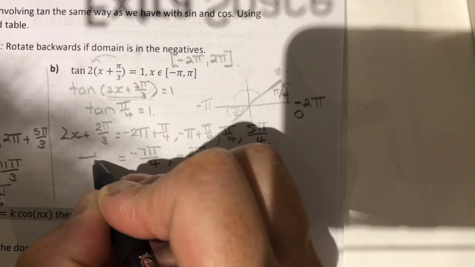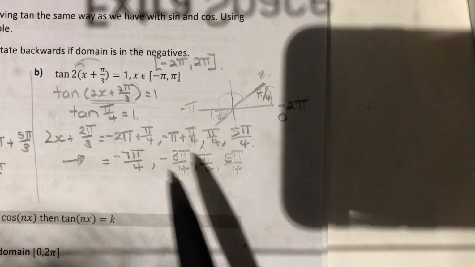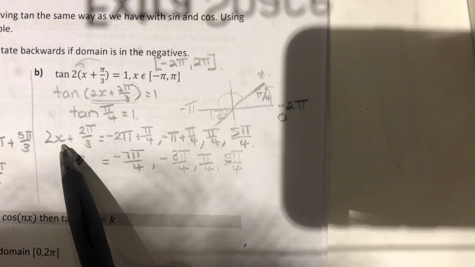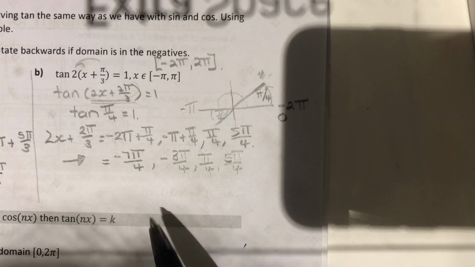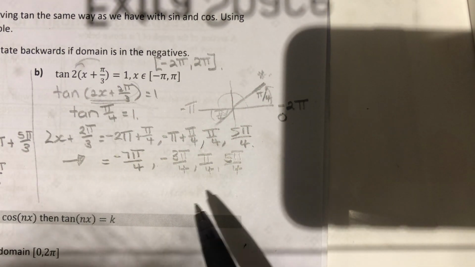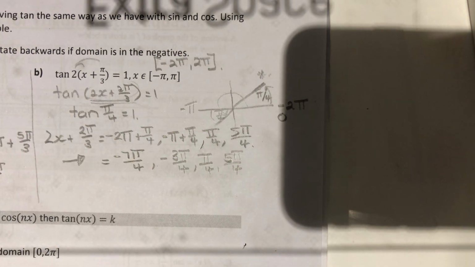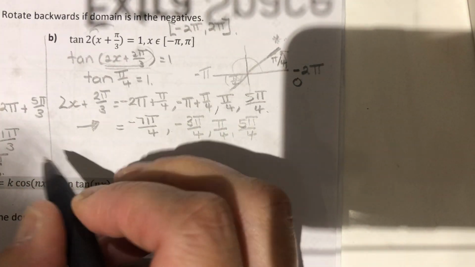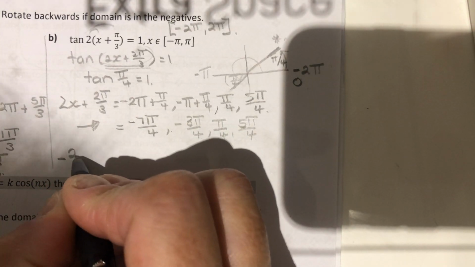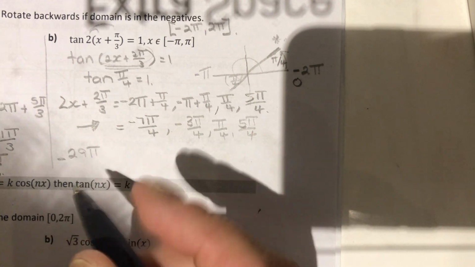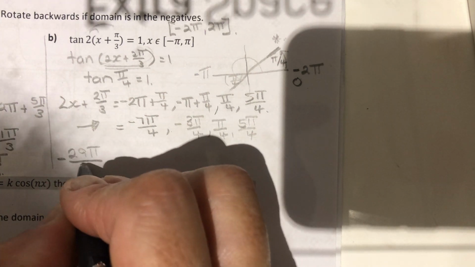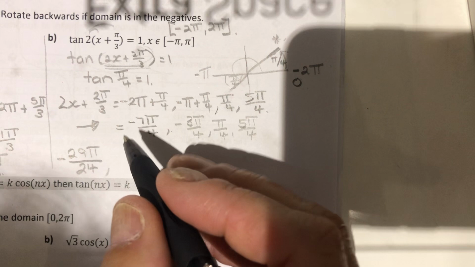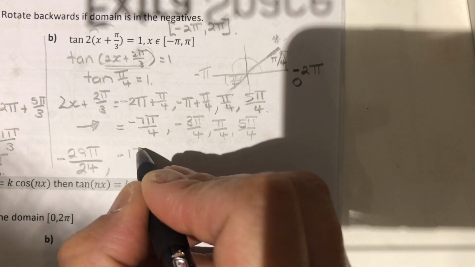So from this line, you need to subtract 2 pi over 3 from each of these. Then when you've done that, you're going to divide by 2. Now I'm going to give you the answers to this, but as I said, I'm not going to show you all those steps. If you don't get those answers, I can put the steps up for you at a later date, and you can check, or you can show me what you've done and I can check.